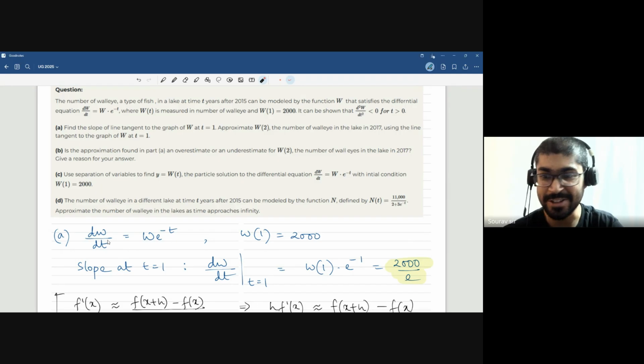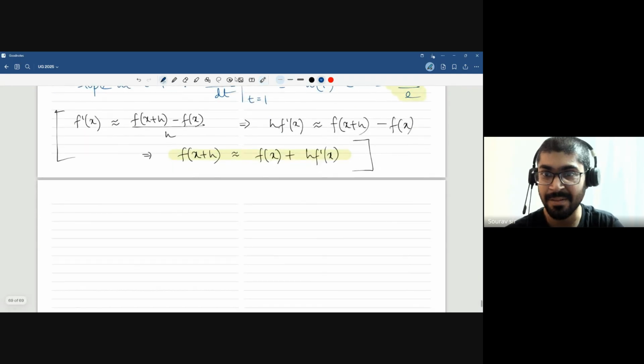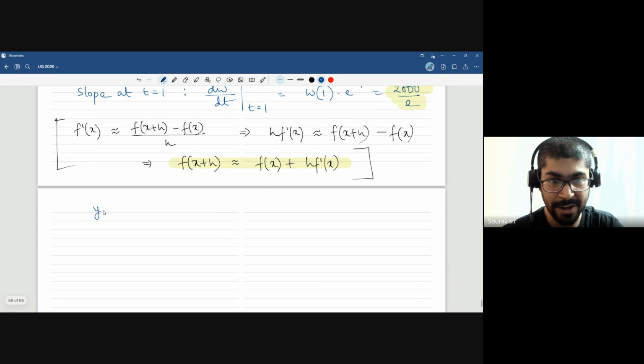You cannot forget the equation of a tangent. So this is y minus y1 equals m into x minus x1. M is the slope that we just obtained. So it will be y minus, no, sorry, it will be y minus 2000, right? So y minus 2000 will be equal to 2000 by e into x minus 1.